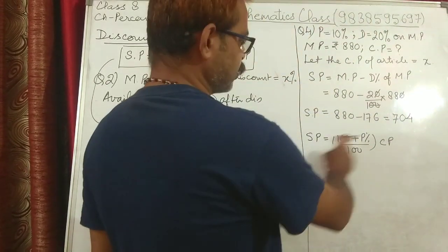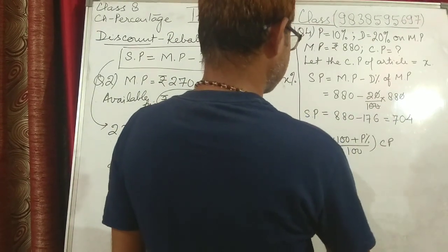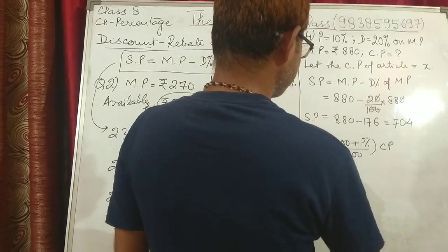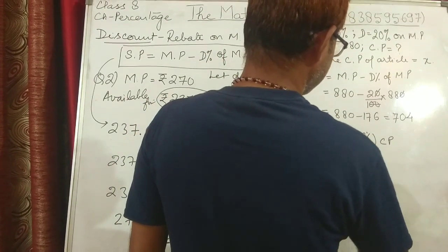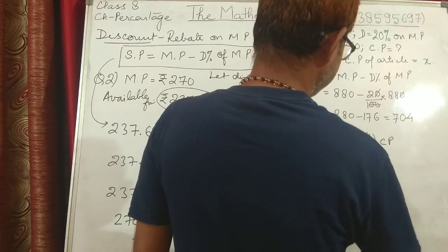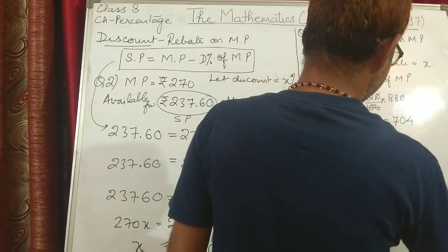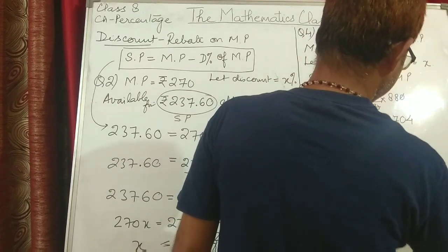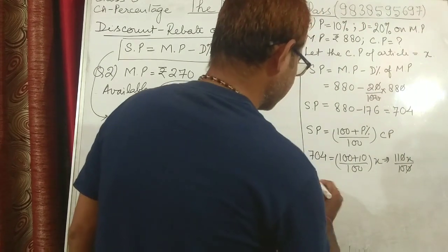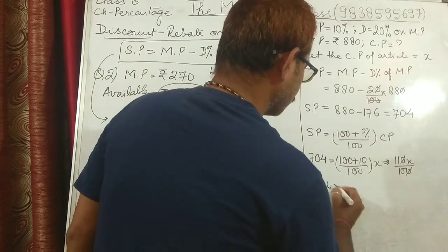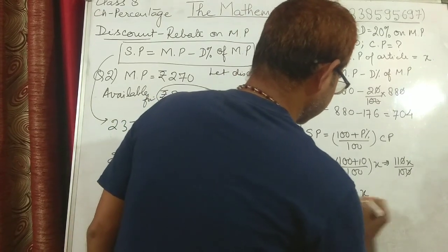So 704 is equal to 100 plus 10 upon 100 into x, which can be written as 110x upon 100. 0 cancel, this 10 will be multiplied. So 704 into 10 upon 11 is equal to x.